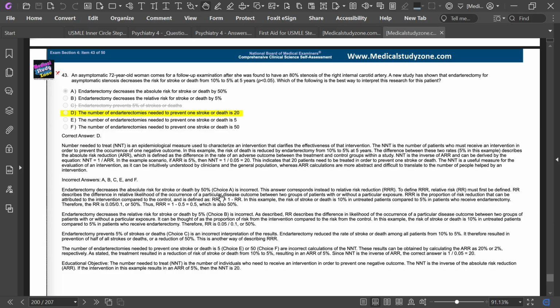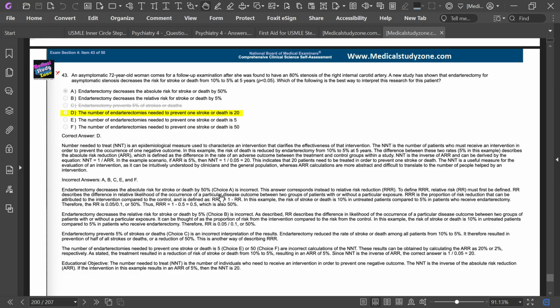To define relative risk reduction, relative risk must be defined. Relative risk describes the difference in relative likelihood of the occurrence of a particular disease outcome between the two groups of patients with or without particular exposure.